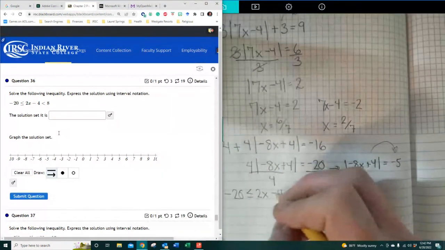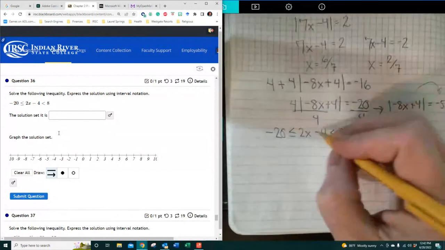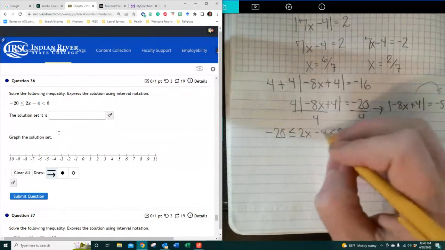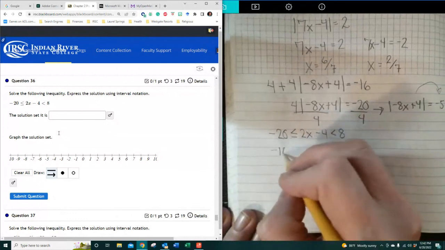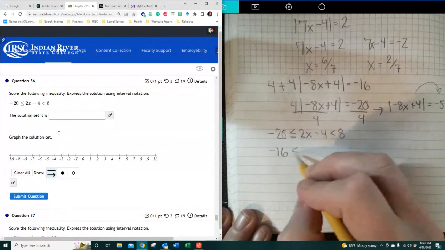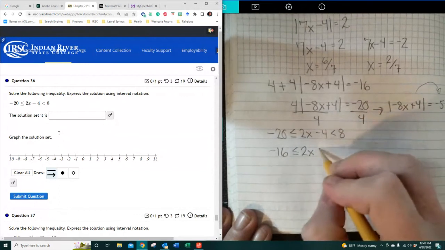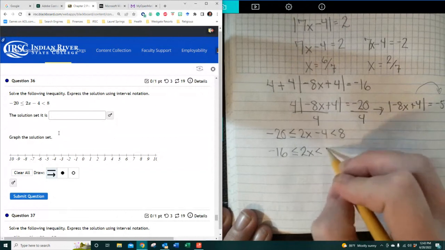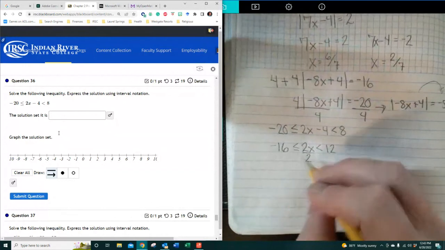So if I'm adding 4 to the inside here, so I can get the variable by itself, I'm going to do it to both sides. So I'm going to add 4 to everything. Adding 4 to this makes it 0. Adding 4 to 8 gives us 12. Now I'm going to divide everything by 2.